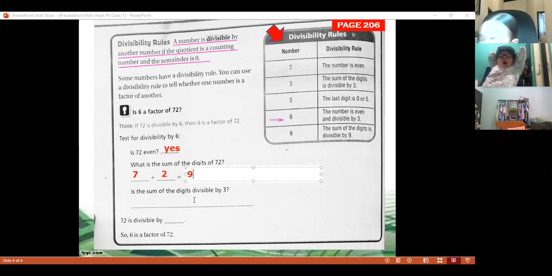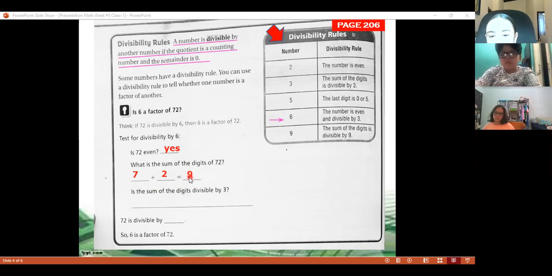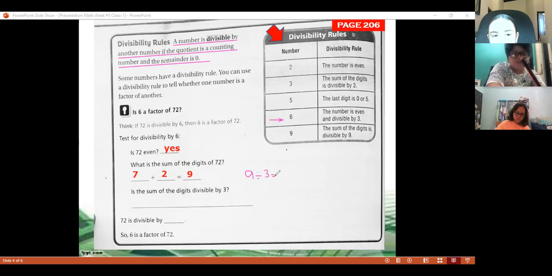So let's write the answer. It's 9. Now, is number 9, the sum of the digits, divisible by 3? Remember, it means that you can divide 9 by 3, and the answer must be a number without remainder. What is 9 divided by 3?